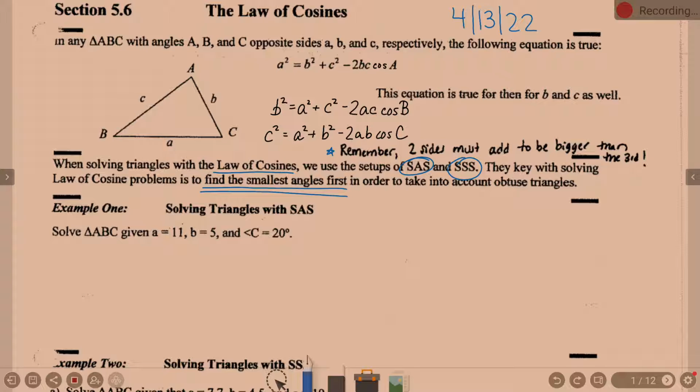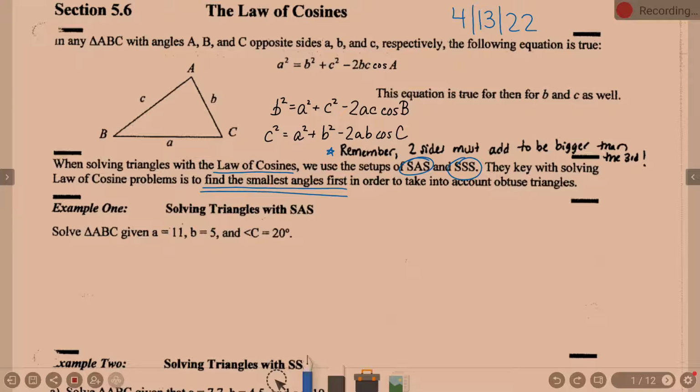When we put cosine in our calculator, cosine just uses the first quadrant value. So it's never going to give us an obtuse angle, but sometimes the angles are obtuse. By finding the smaller angles first, the obtuse angle we would just subtract from 180 to get it.